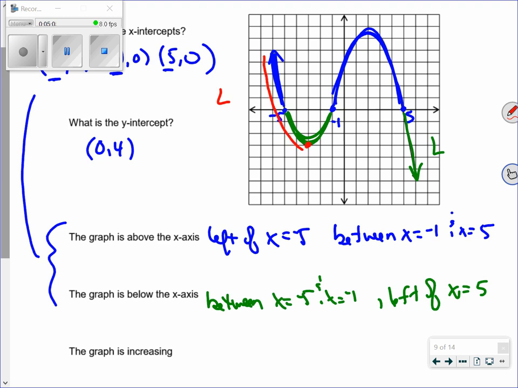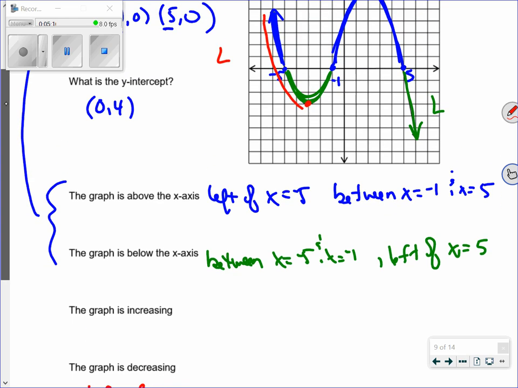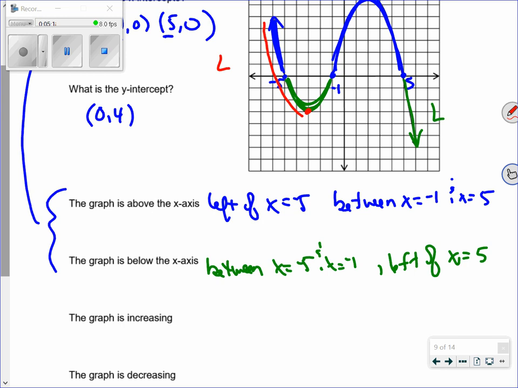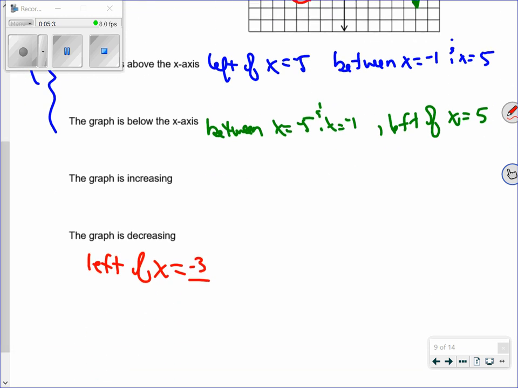That's my first decrease, my first section of the graph. So that's all the way to the left. Left of, and I have to pick the correct number. Make sure you don't pick x-intercepts. You need to pick this point right here at the very bottom. And that point is 1, 2, 3, -3, comma, -3, and I pick the x value. So the graph is decreasing left of x equals -3.